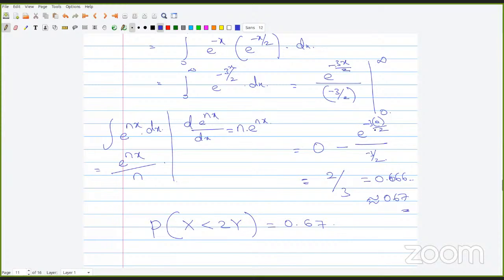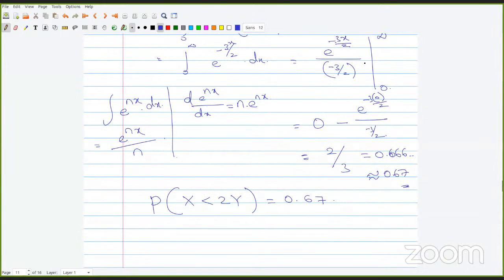Fine. But we are providing a calculator to you, right? You can compute e to the power minus 3/2 using the calculator. If the lower limit is 1, then you just have to know the value of e to the power minus 3/2. That value can be computed using the scientific calculator which we provide. Okay.